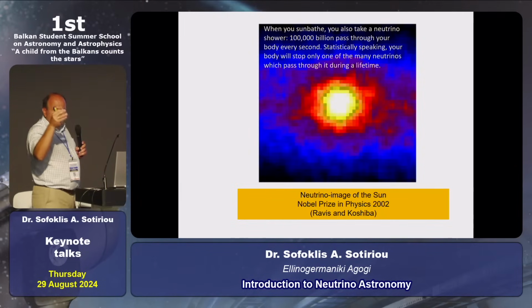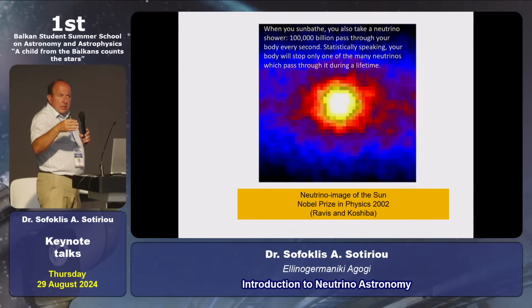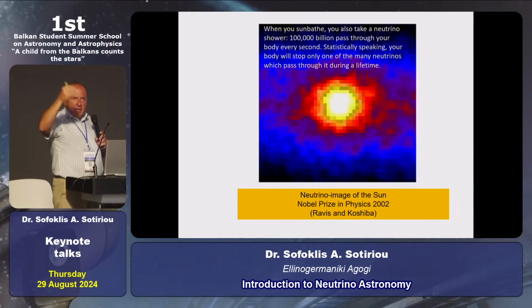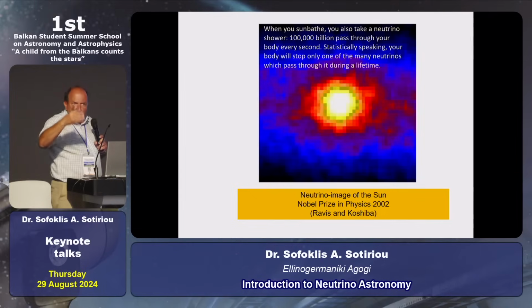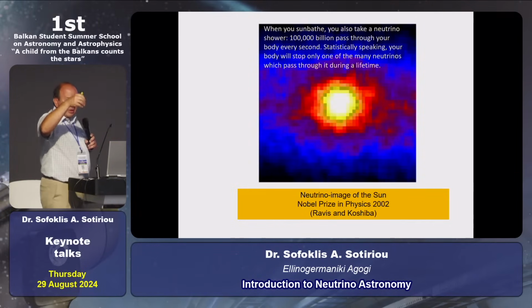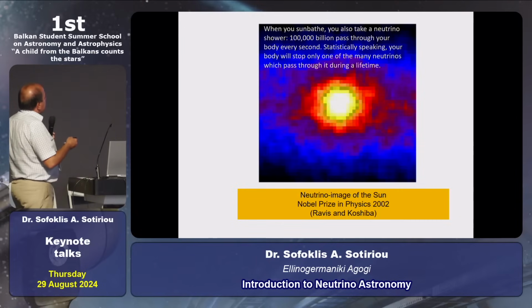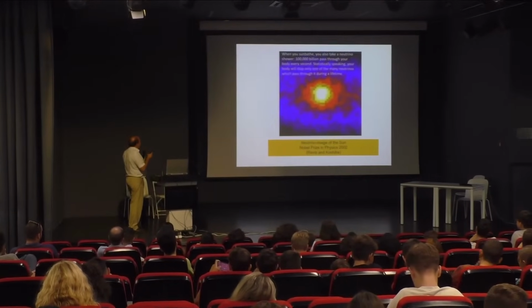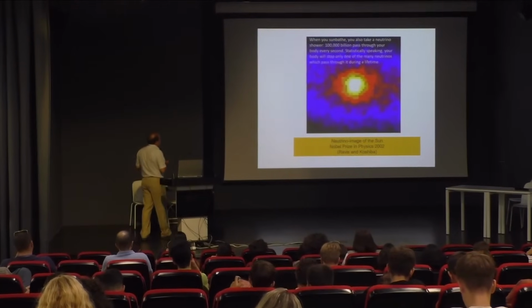Okay, so this is what we also said from the first day. If we were able to see neutrinos, the rain of neutrinos, the storm of neutrinos that currently is taking place between us, I would not be able to see you because of this rain. So you can see that 100,000 billion neutrinos pass through your body every second.